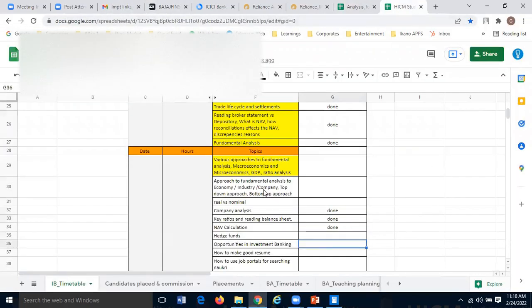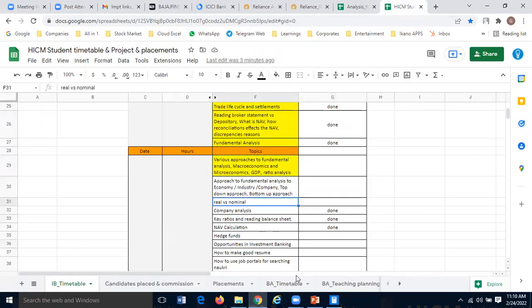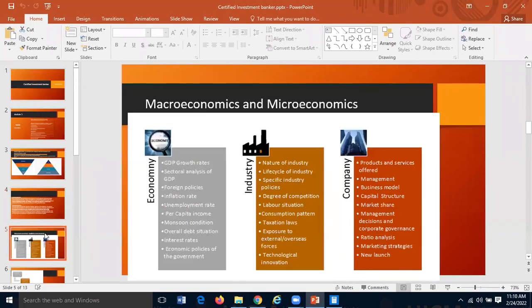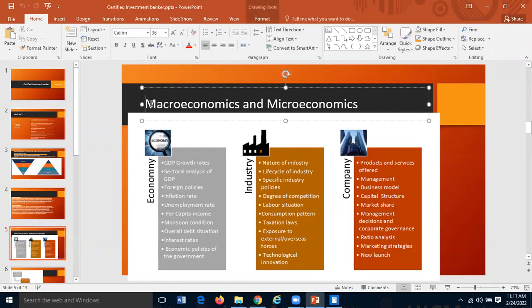Just have a look at this. There are various things we have to consider. Now we have seen the macro factor and the micro factor. We will divide into three parts: economy, industry, and the company.